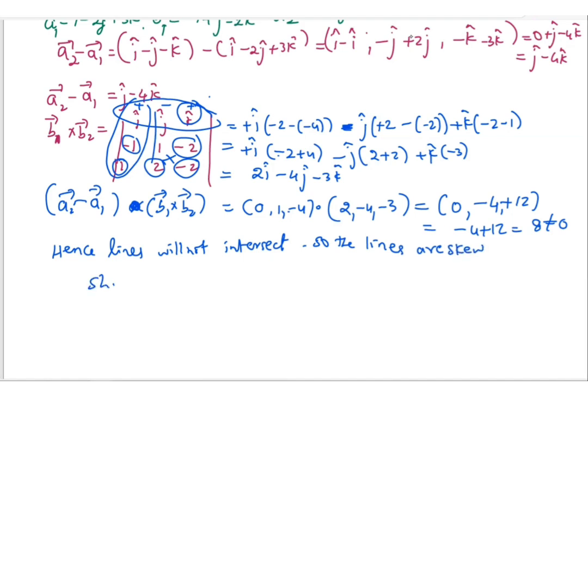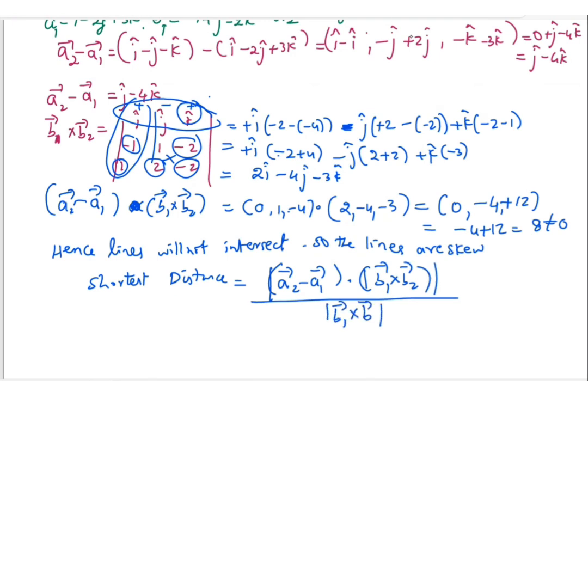Now the shortest distance equals the mod of (a2 vector minus a1 vector) dot (b1 vector cross b2 vector), divided by the mod of b1 vector cross b2 vector.